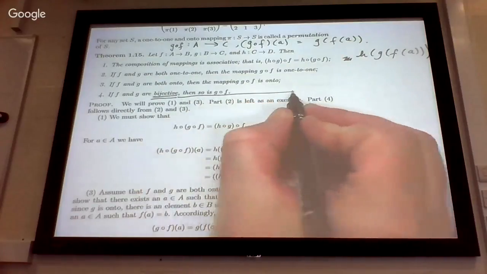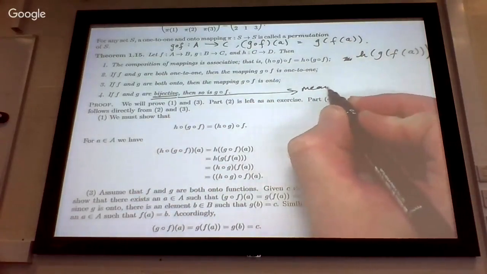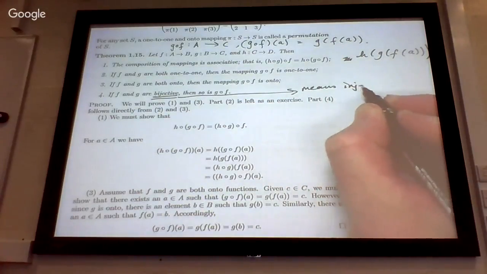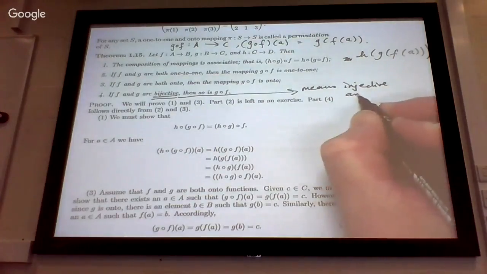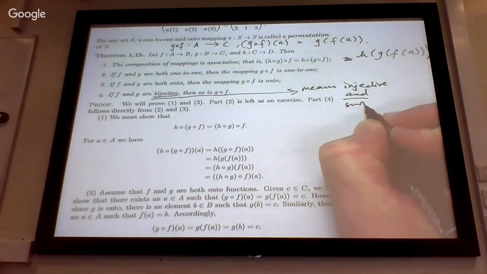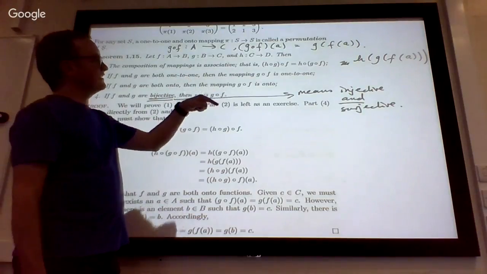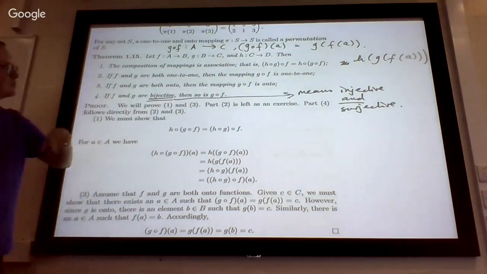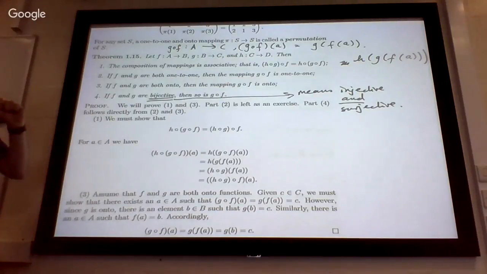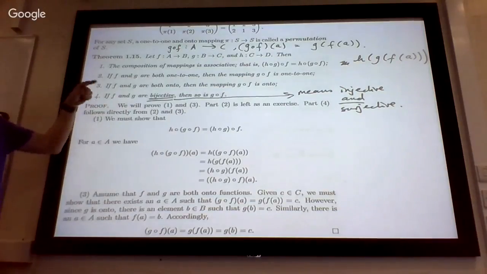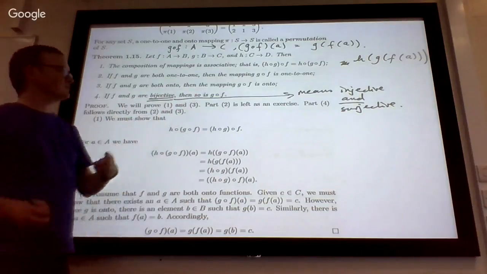Remember, bijective means injective and surjective. So composition maintains that property as well. If f and g are both bijective, then so is the composition.